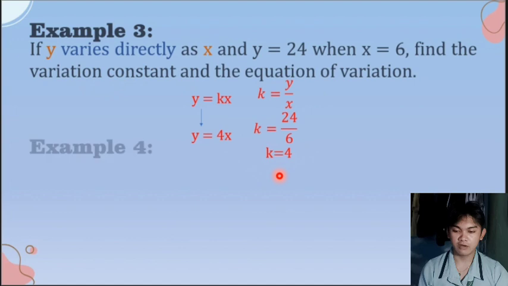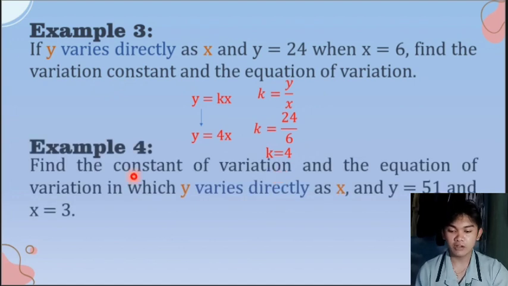Okay, so another one, example number 4. Find the constant of variation and equation of the variation in which y varies directly as x and y is equal to 51 and x is equal to 3. So, y is the first mentioned.